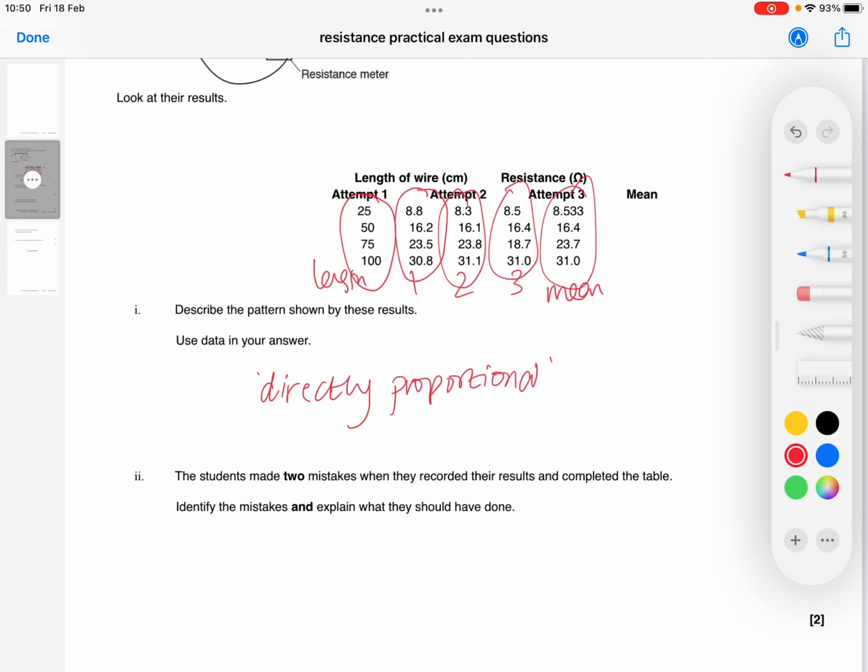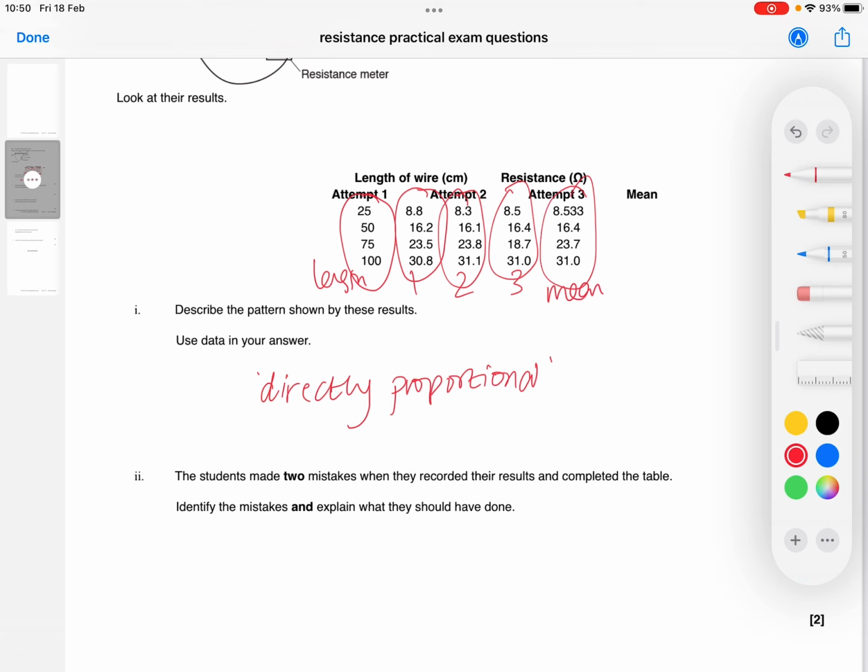That's what directly proportional means. Now, if in doubt, that is a really, really good phrase to use. It gives you more detail than just saying one gets bigger, the other gets bigger. As I say, saying increased length, increased resistance got you 1 mark. Using the phrase directly proportional got you 2 marks there.